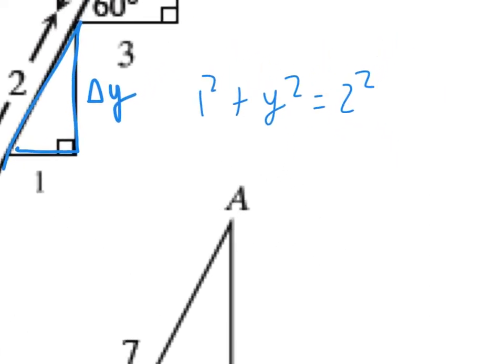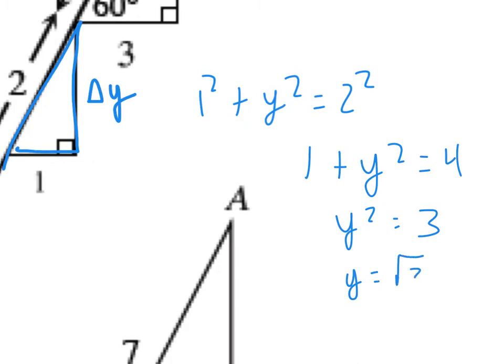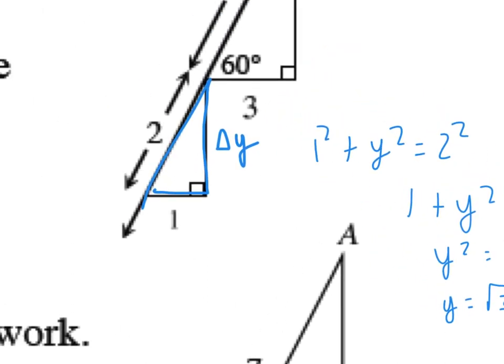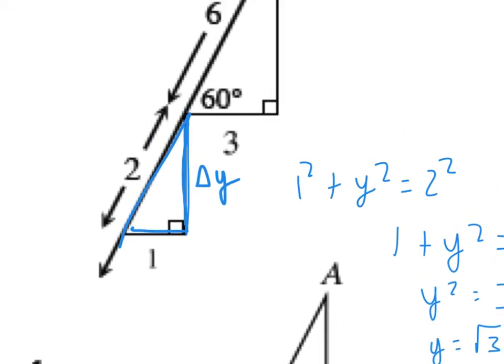So if I were to continue to solve that, I would get 1 plus y squared equals 4. Then I'd get y squared equals 3 by subtracting 1 from both sides. And then y would be equal to the square root of 3, because I'd have to take the square root of both sides. And the square root of 3 is approximately 1.73. So I could find that this side length right here, this vertical distance, is 1.73.